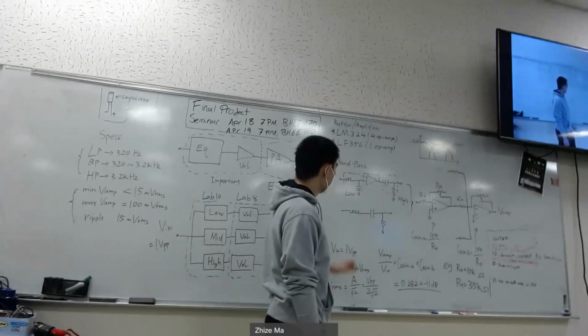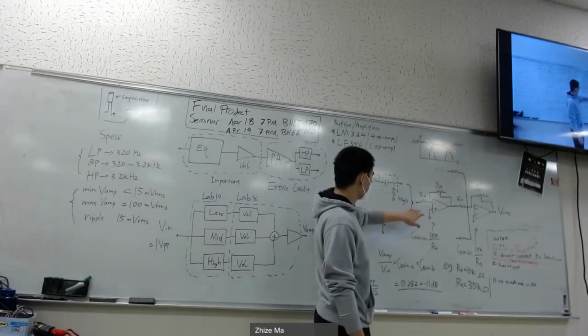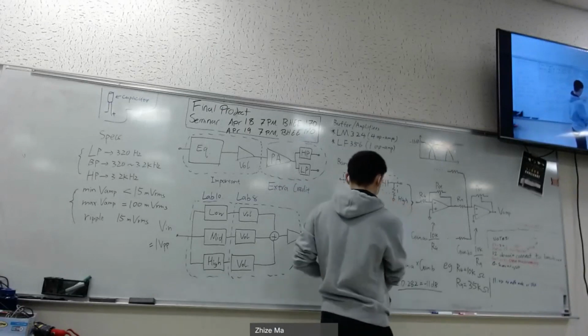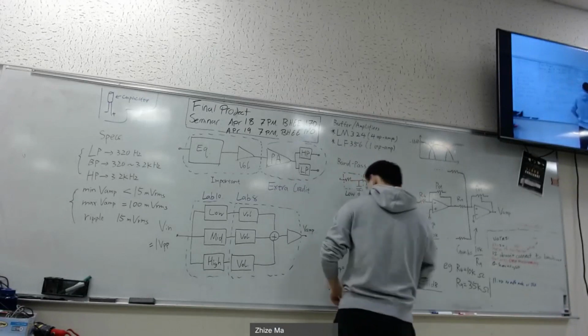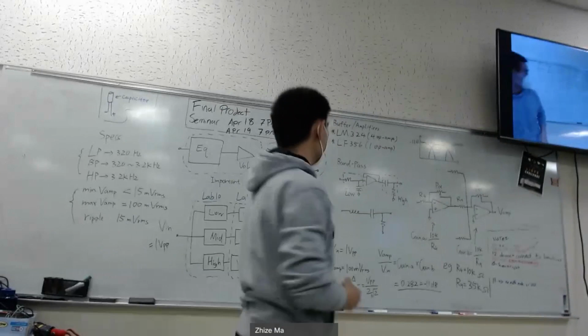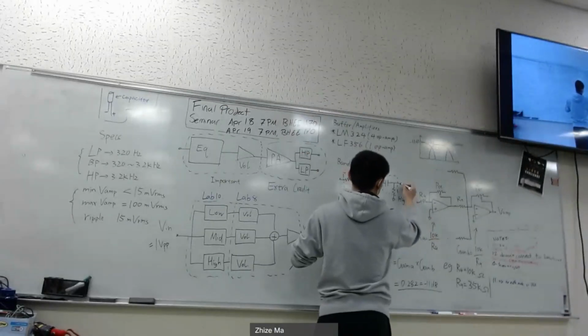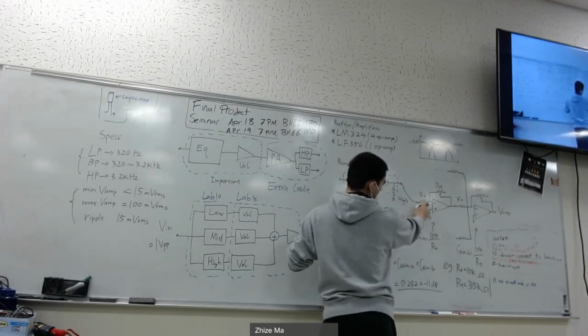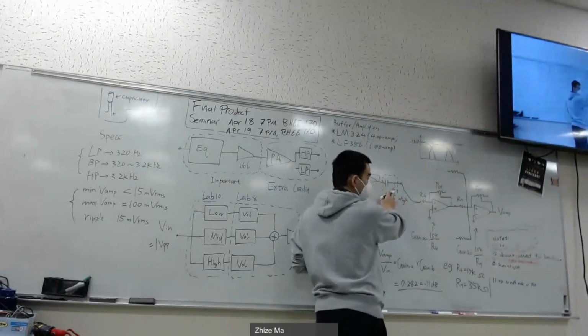Okay, and also for this part, as Adam and Ben mentioned, there's a loading issue. For example, if I use this filter here, so I connect the bandpass to the inverting amplifier, it's R4. If this resistor value is close to this resistor value, there will be a loading issue.